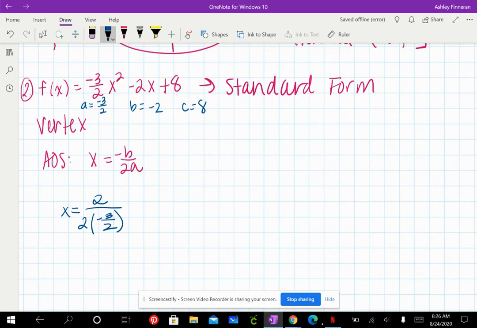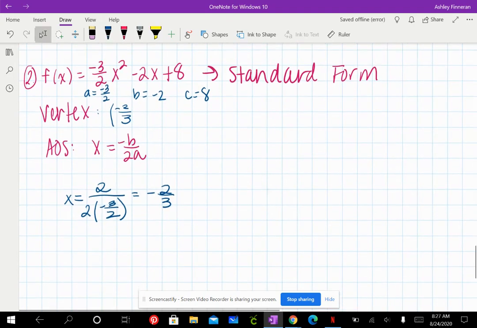Well, 2 times negative 3 over 2 is just negative 3, so I have negative 2/3. So the x value of my vertex is negative 2/3. So to find the y value, I'm going to plug that in.